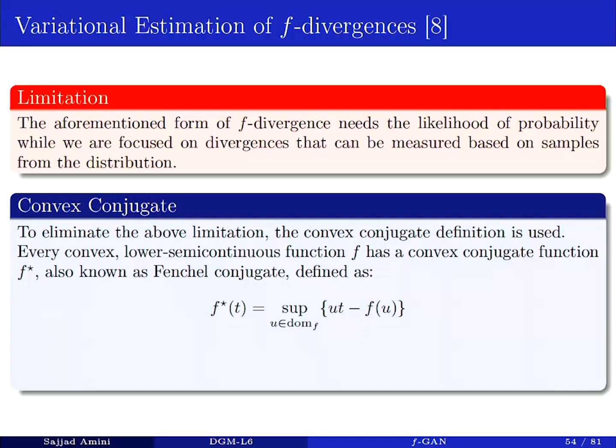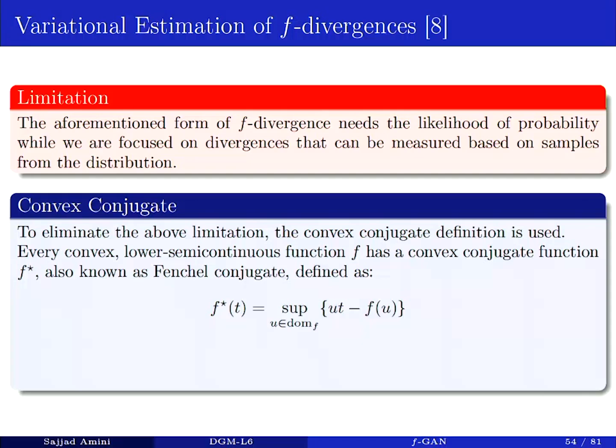Let's talk about the maximum. The maximum over all possible u in the domain of your function for this term: u times t, pay attention that u is here, t is here, u is your optimization variable, minus f of u.